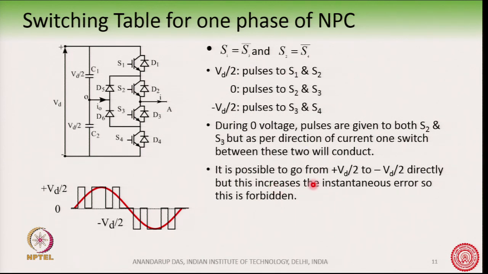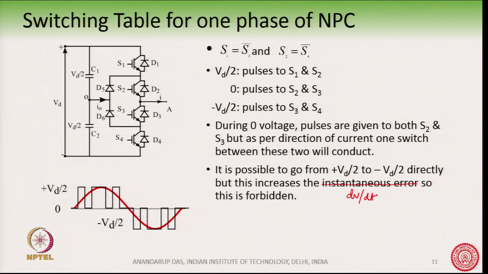So, I will write it not like this, it increases the dV by dt, because when the voltage goes from plus Vd by 2 to minus Vd by 2 directly, the dV is the total DC bus, and so the dV by dt can be enormously high, and that is detrimental to the operation of the converter, or of the motor drive which is connected.